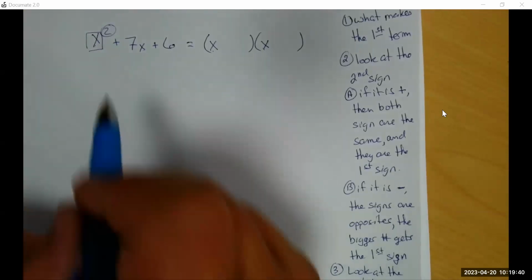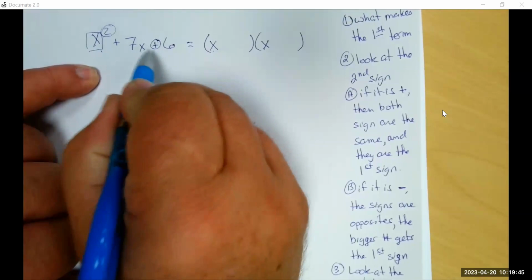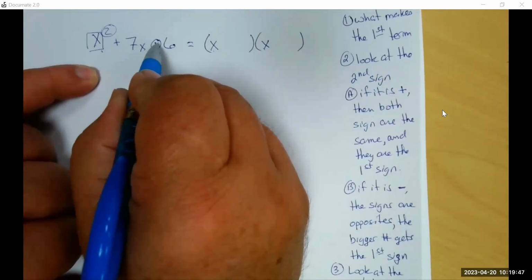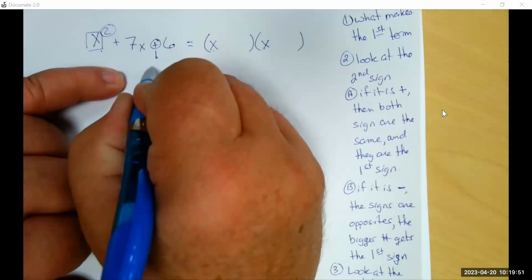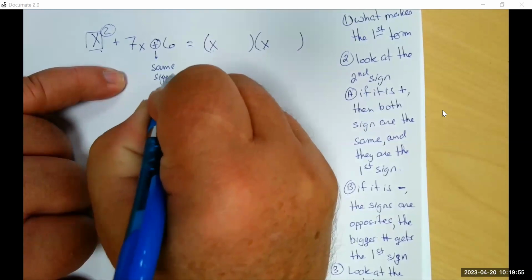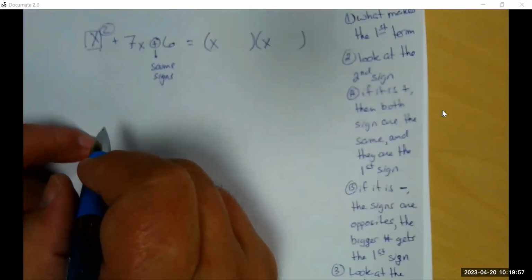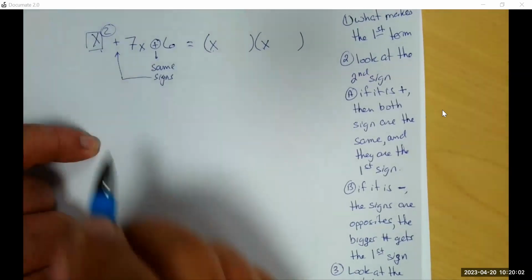So let's see this. X times X is X squared. The second sign is a plus, which means what? They're both the same. This one, since it's a plus, they're same signs. What are the signs? It's whatever the first sign is.